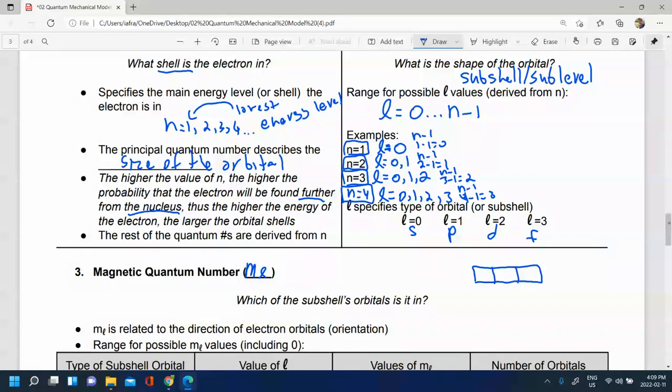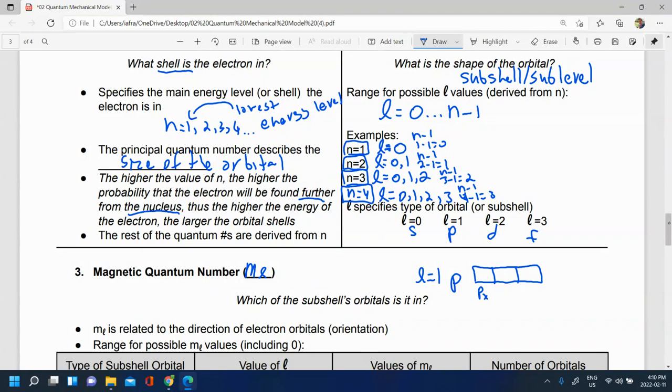So this is L is equal to 1, okay? And that means it's a P subshell. I didn't specify what energy level it's at. It could be an energy level 2, 3, 4, so on and so forth. It couldn't be in 1 because, well, there's no P in the energy level is equal to 1. But here we have a P subshell, and within the P subshell, there's 3 P orbitals.